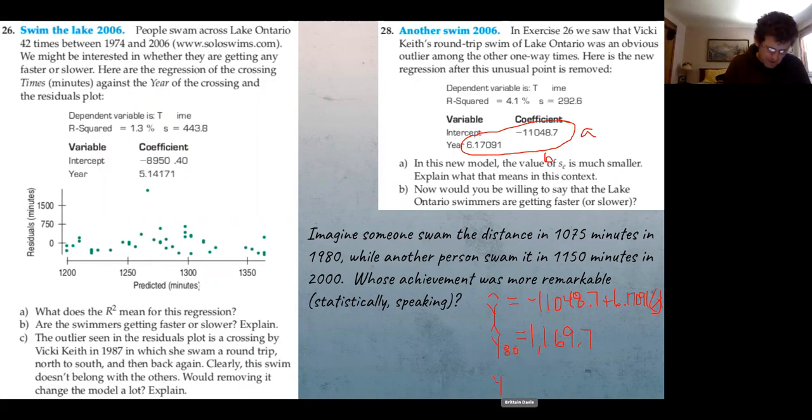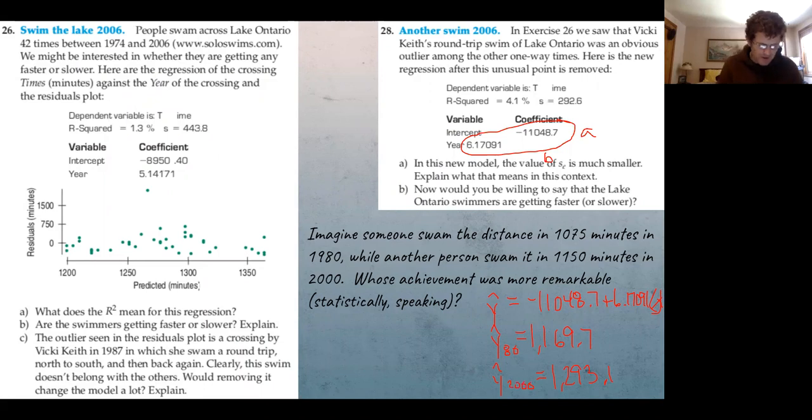I can do the same thing, a y hat for 2000. I'm just going to plug in 2000 for my x, and I'll do the same thing. I get 1,293.1, but it's fine. So whose achievement was more remarkable?